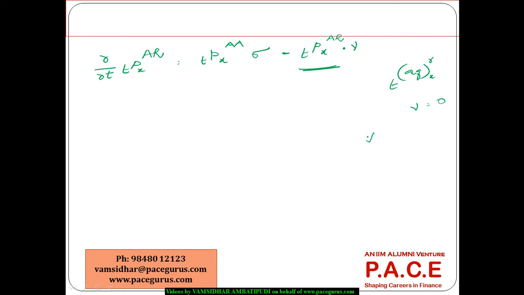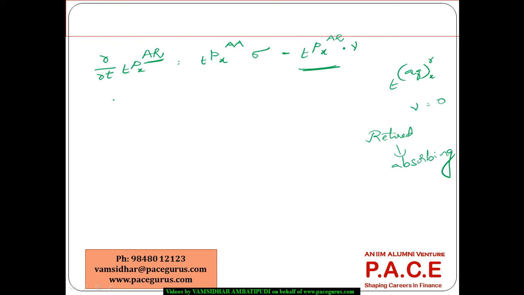If nu is 0, the retired state is actually an absorbing state. So the probability of a life of age x leaving the state active through the decrement of retirement before age x plus t is the same as the probability that the same life is in the retired state at age x plus t, because it is an absorbing state.